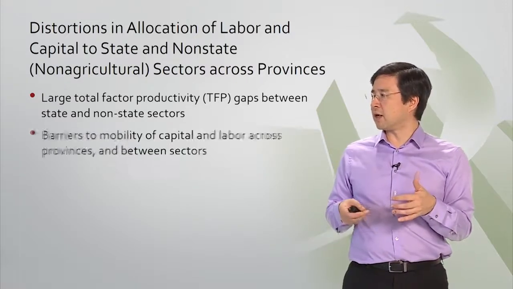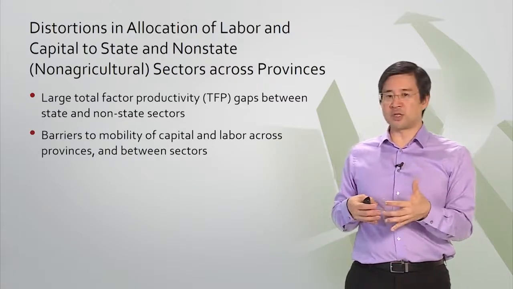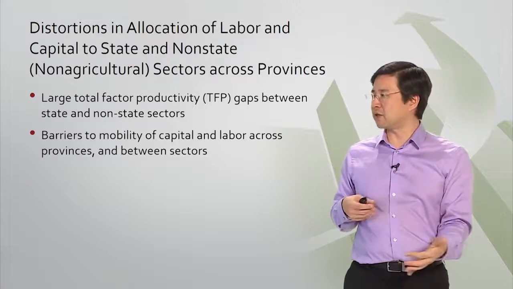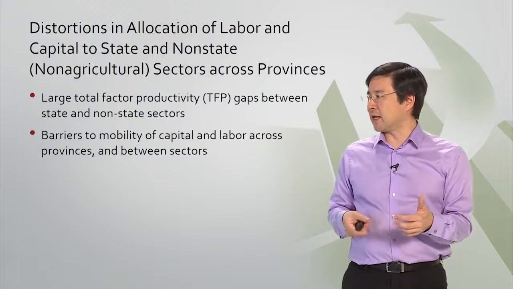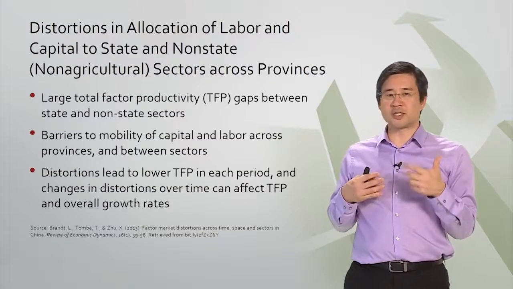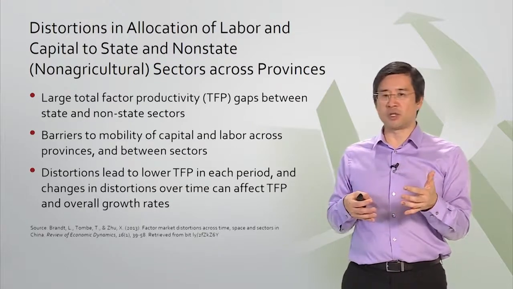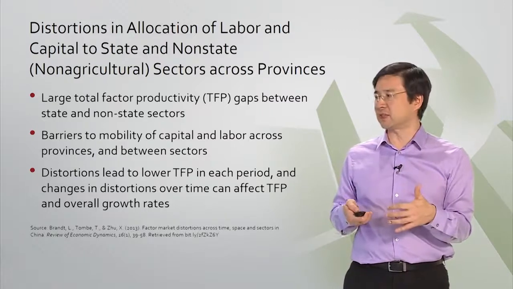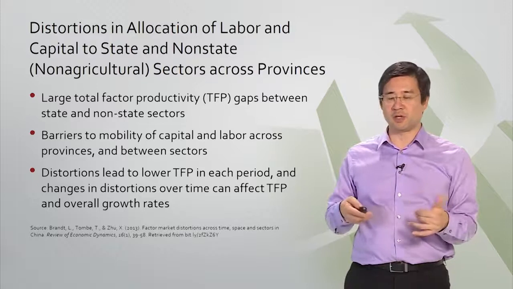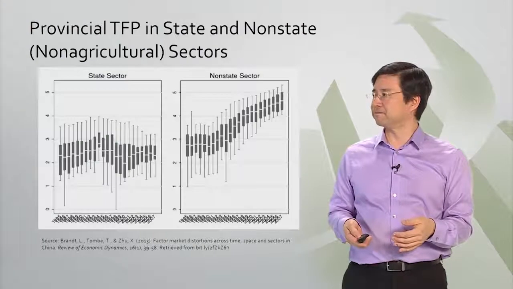Also, it reveals the extent to which there may be existing barriers to mobility of capital and labor across provinces and between sectors. And we can see how distortions may lead not only to lower TFP in each period, but that changes in these sources could be affecting the growth rates of TFP and overall growth in different periods.